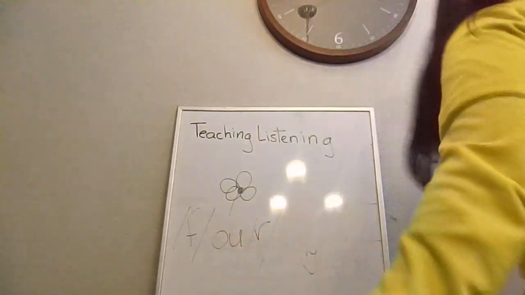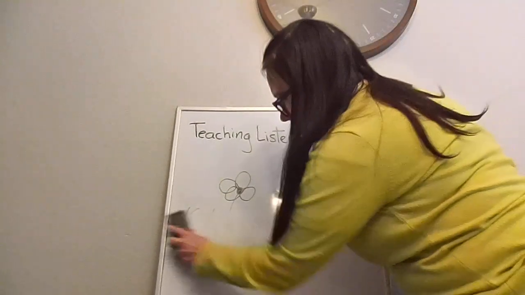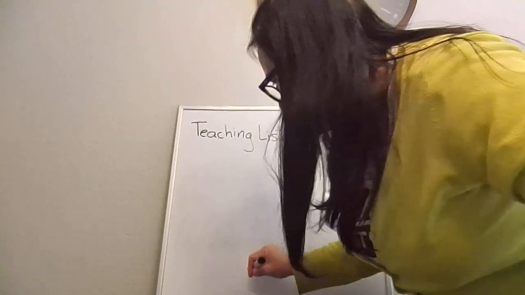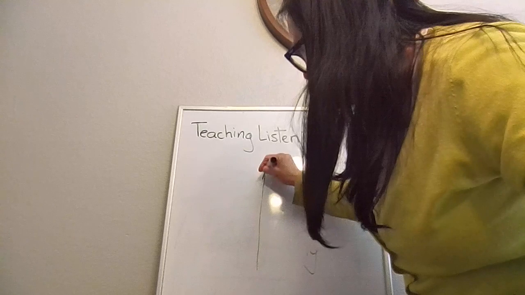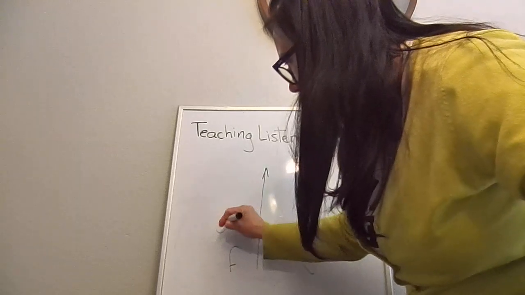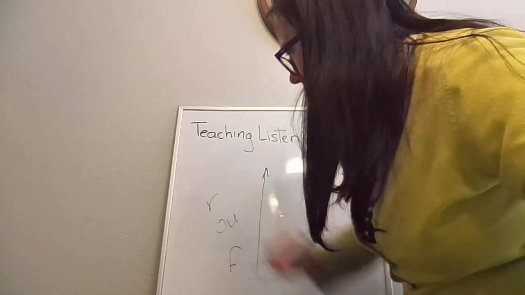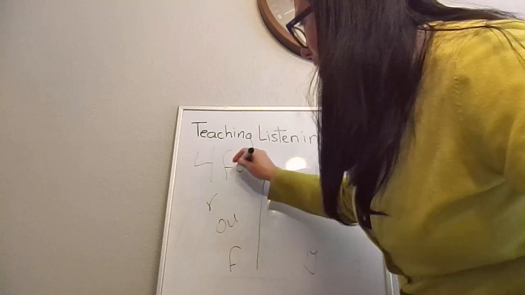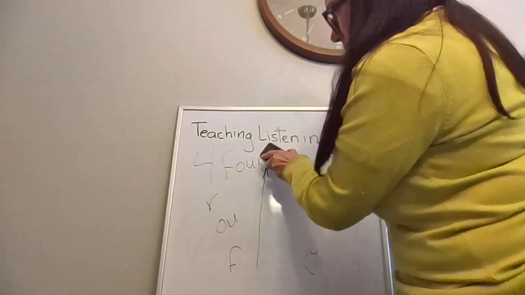I'm going to use an eraser here. So you start from the bottom to the top. So you start with, er, four, yes, four. So then you have a complete word.